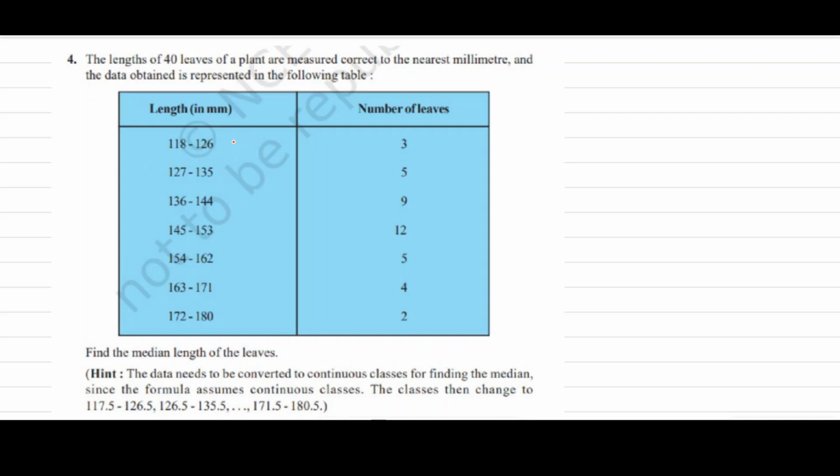Now first we should write the class intervals.